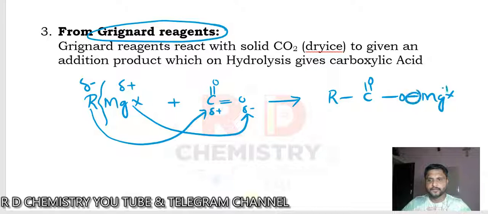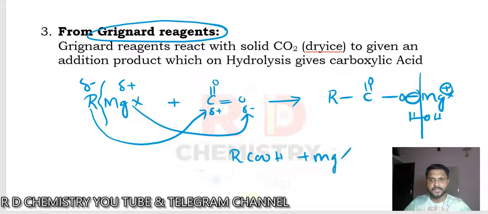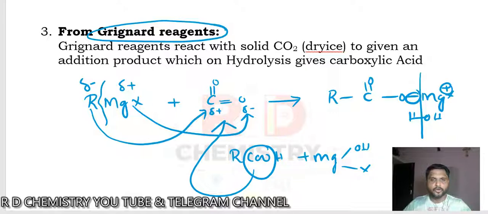These are salt form. On hydrolysis, finally they give rise to the carboxylic acid and the magnesium salt, magnesium with the OH group and the X. Remember here, the carboxylic group comes from the dry ice, that is the CO2 group. Okay.